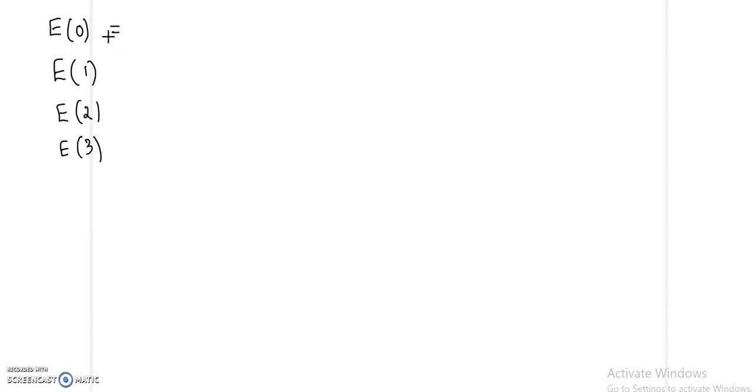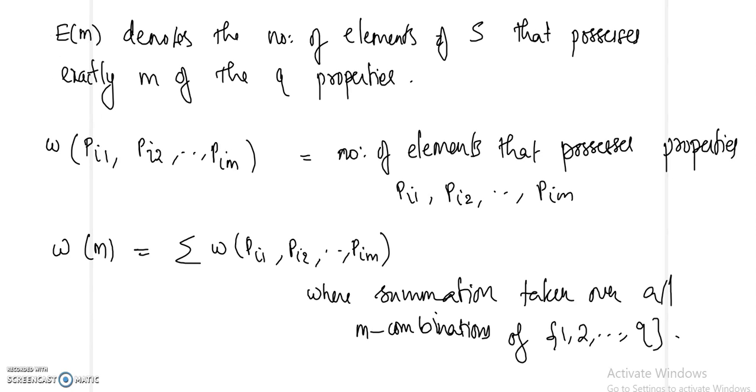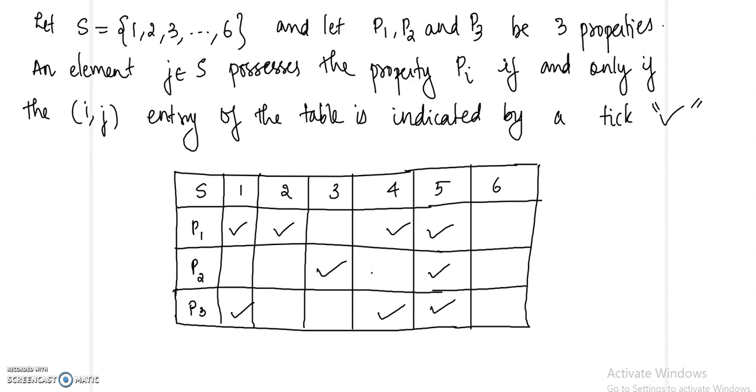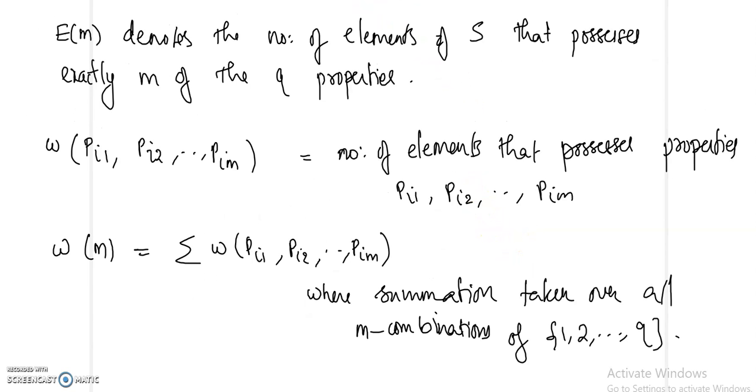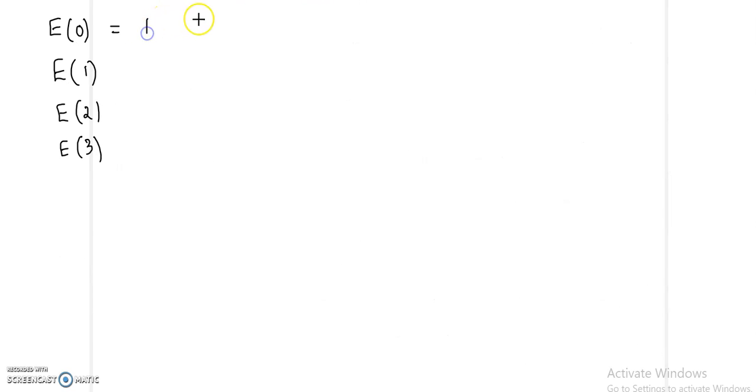Now E of 0 is the number of elements that possess 0 properties. If you look at 6, you know that 6 possesses 0 properties. So therefore E of 0 will be equal to 1. So that corresponds to the element 6.